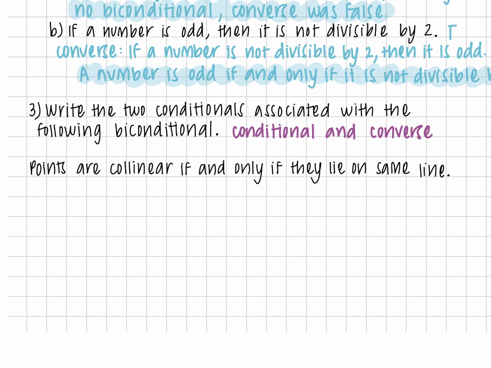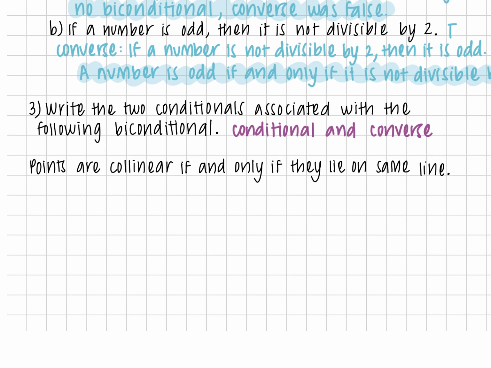So remember, once again, we are going to start off with our if, and then we'll pick up with points are collinear. When you get into that if and only if phrase, we're going to insert our then back in.